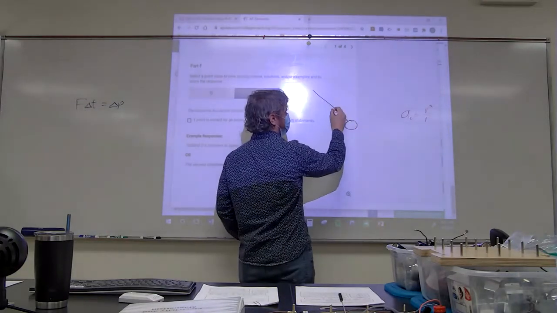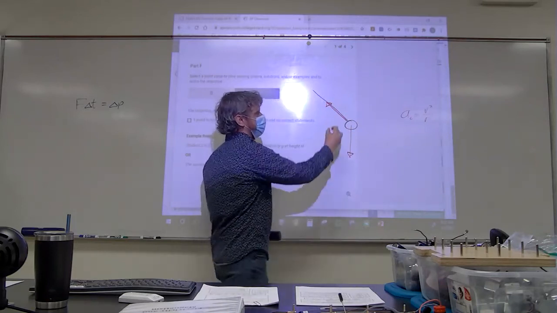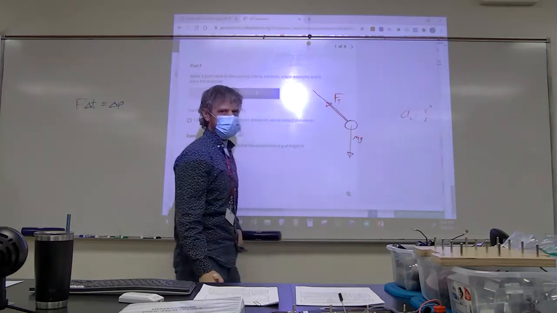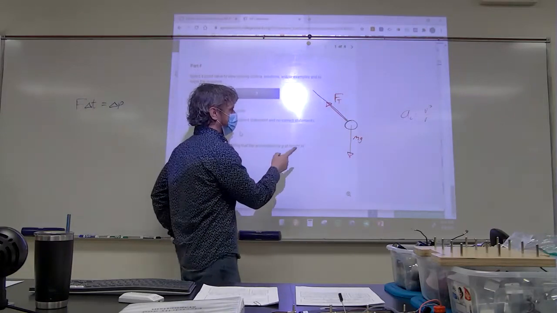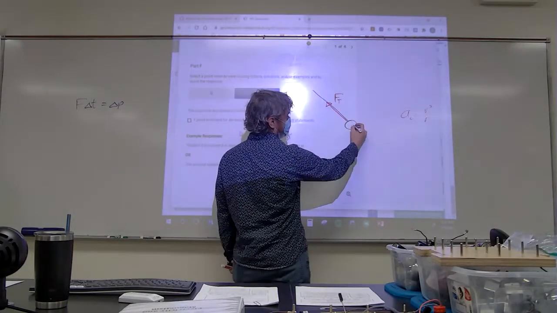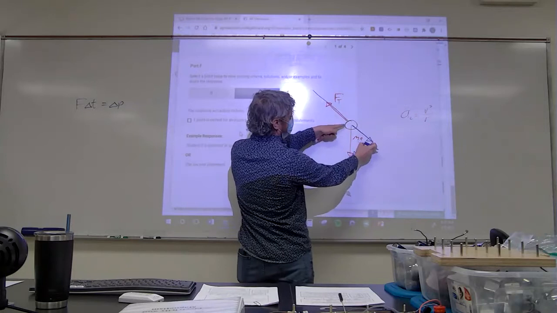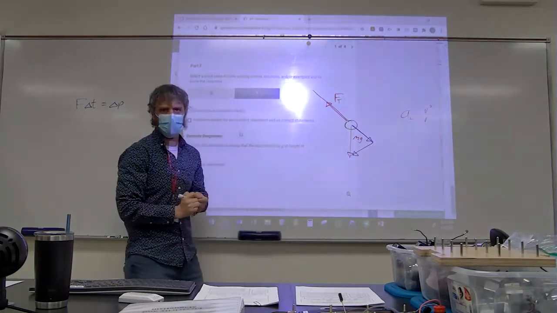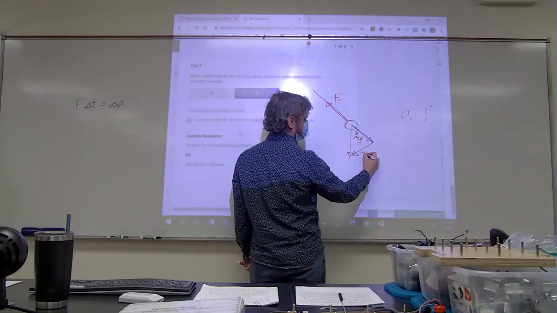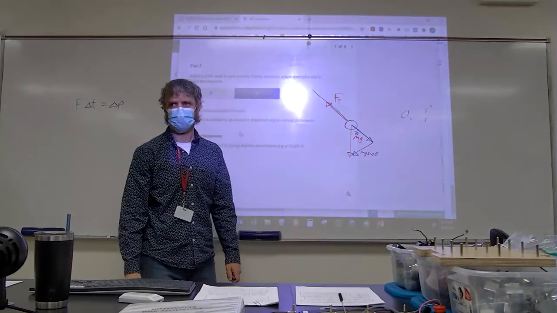However, the acceleration is also not g because the acceleration is due to not just mg, but the tension force. I would have to decompose my mg into two components, where one component of mg will balance the tension force. And the other, mg sine theta, is the force causing the acceleration.